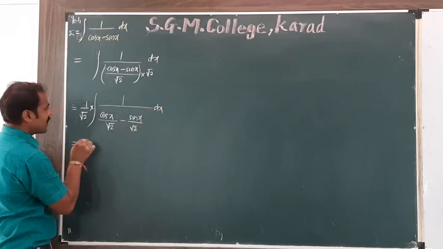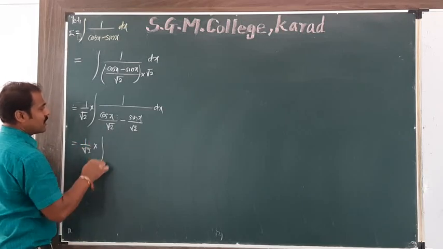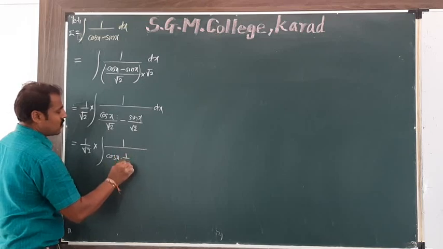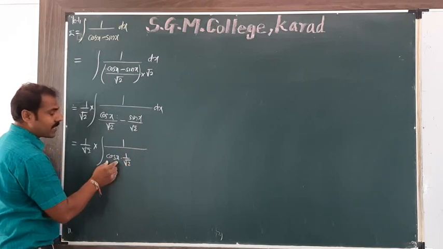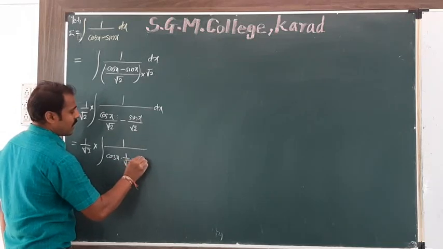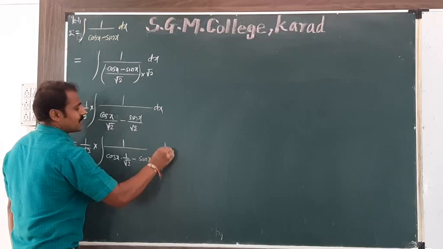This can also be written as 1 upon root 2 into integration of 1 upon cos x into 1 upon root 2, write the variable term first, minus sin x into 1 upon root 2 dx.